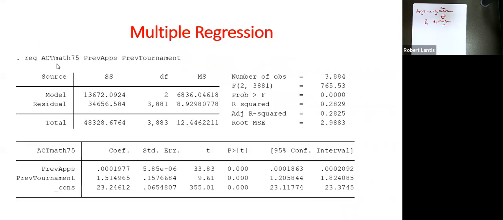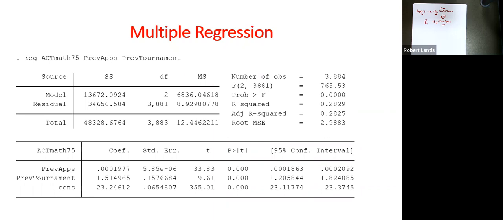So one other thing that's kind of interesting, and I'll go through this pretty quickly because I didn't throw as many controls in here, but there is some research out there that shows this as well. So if I get more applications, which is what it looked like from the previous regression, and I accept the same number of students, what am I likely to do? Probably pick more students from the right side of the quality distribution, right?